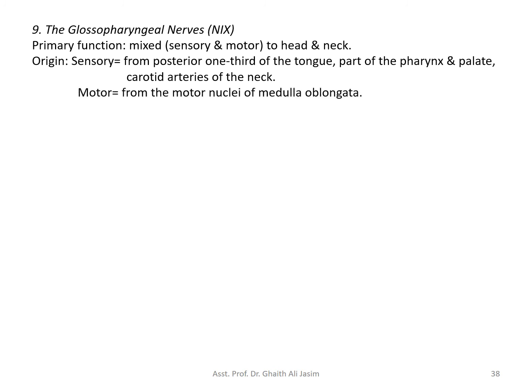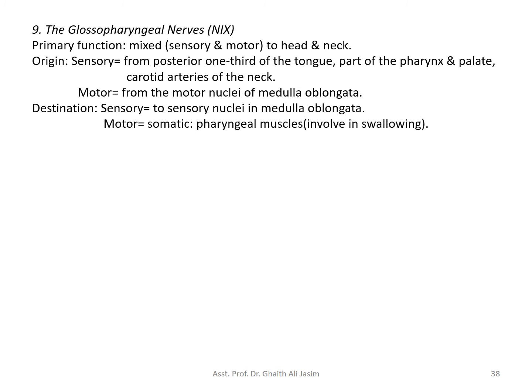The motor, from the motor nuclei of the medulla oblongata. Destination, the sensory one, to the sensory nuclei in the medulla oblongata, while the motor, somatic, goes to pharyngeal muscles involved in swallowing, and visceral to the parotid salivary glands.